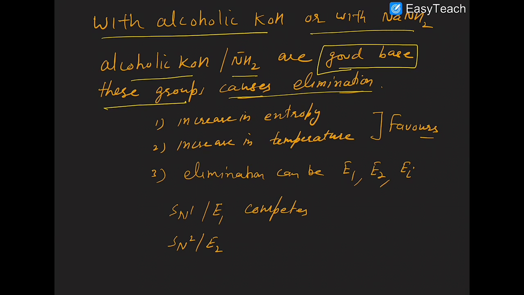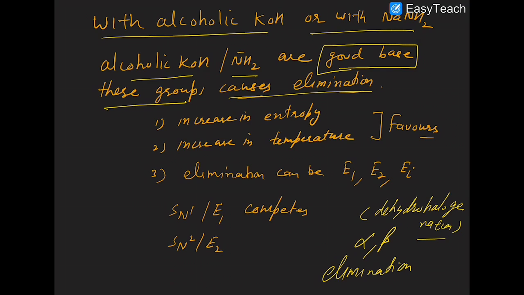That elimination is known as alpha beta elimination, or it is popularly known as dehydrohalogenation. Dehydrohalogenation means loss of HX.